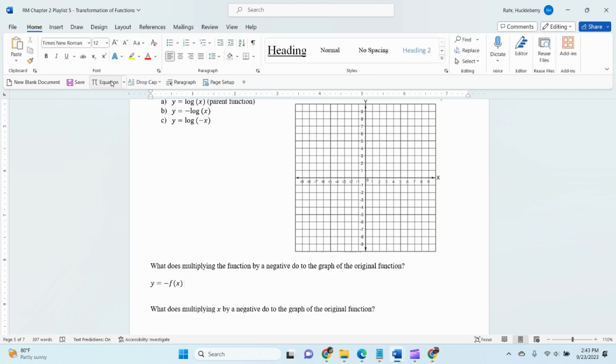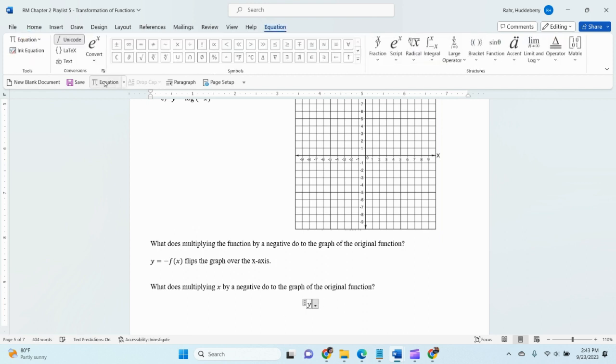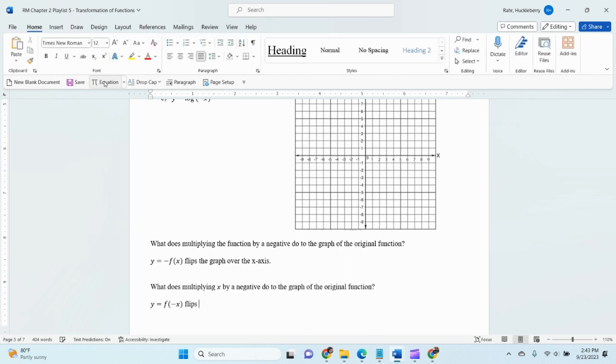In this case, it flips the graph over the x-axis. What does multiplying x by a negative do? So this was y equals f of negative x. In this case, it flips the graph over the y-axis.